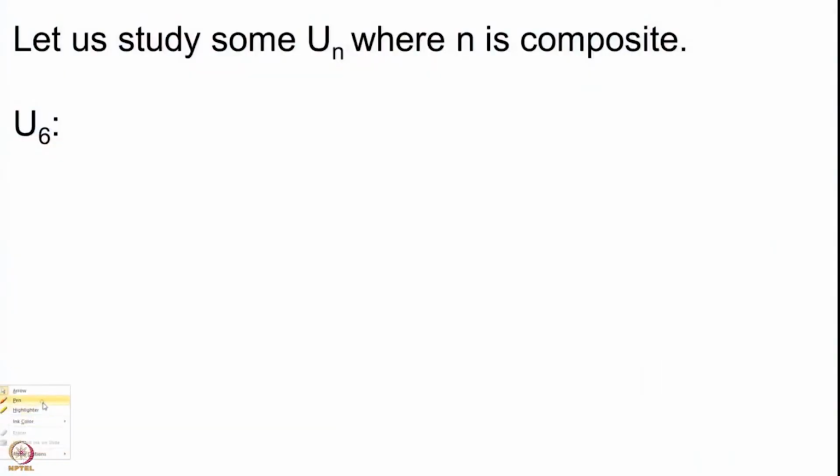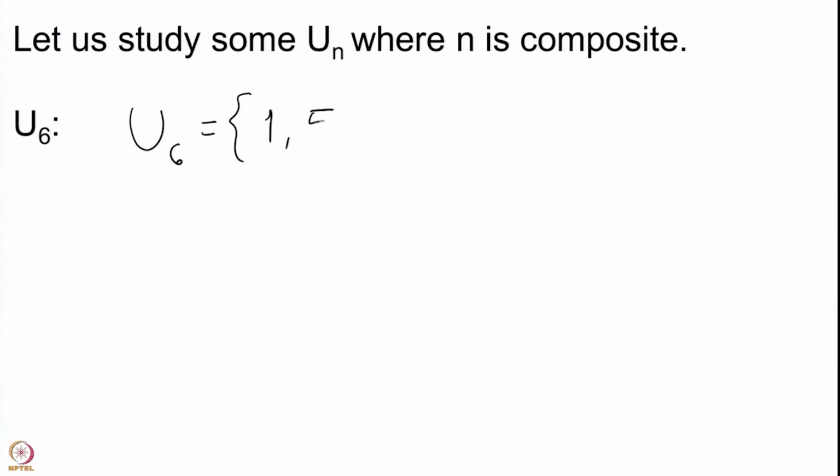We now study the UN slightly more in detail, where n is a composite number. Let us compute these things for some small values of n. First of all we look at U6. 6 is the smallest number which is divisible by two different primes. U6 has elements which are co-prime to 6, which are co-prime to 2 and 3.